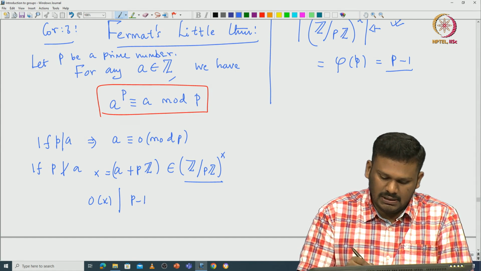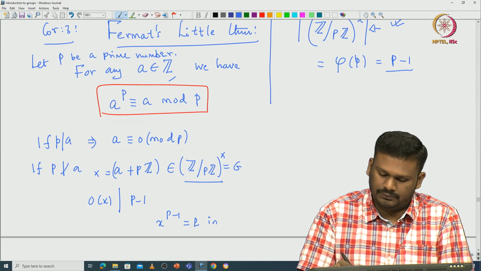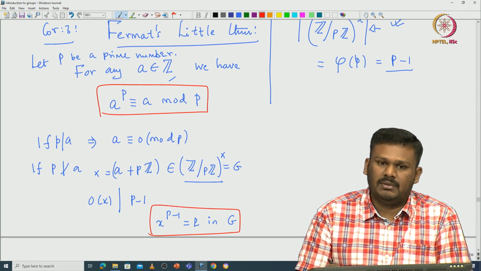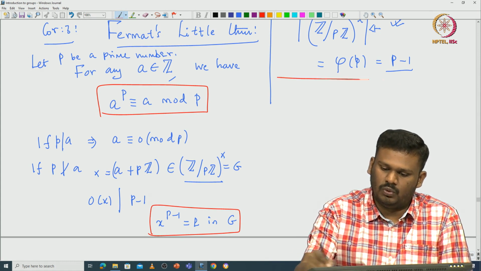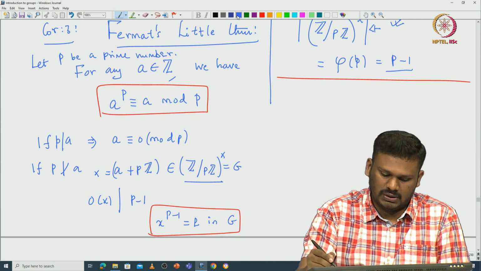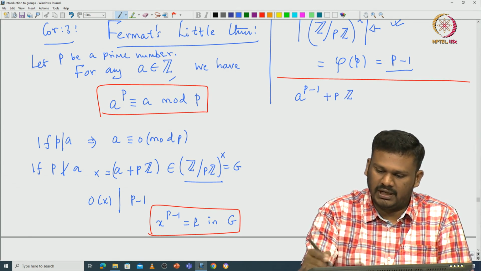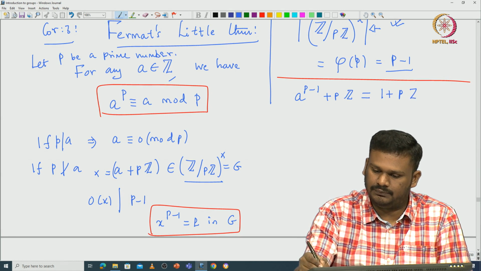So x power p minus 1 must be the identity inside this group G. What does that mean? It means a power p minus 1, when you take the product, should equal the identity 1 plus pZ.